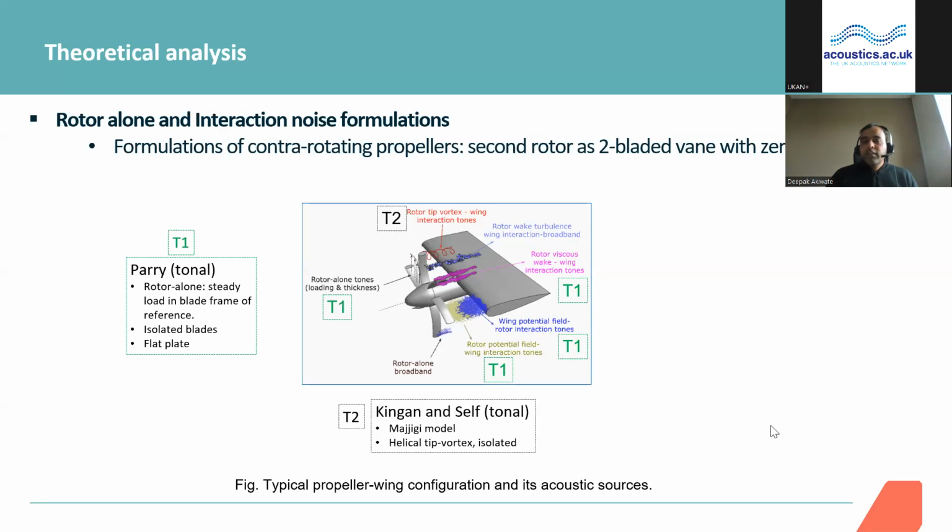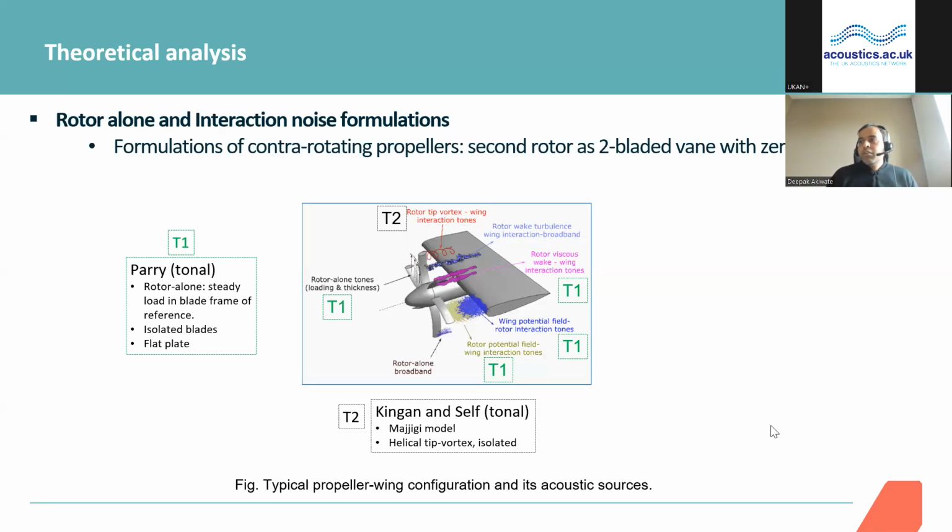For the tip vortex interaction, we use one of the formulations proposed by Kingan and Self, which uses a Mazzi type model, where the tip vortex source strength, or the velocity distribution due to the tip vortex, can be expressed as monopoles and dipoles, which are placed along the helical tip vortex. And obviously we again use isolated blades.